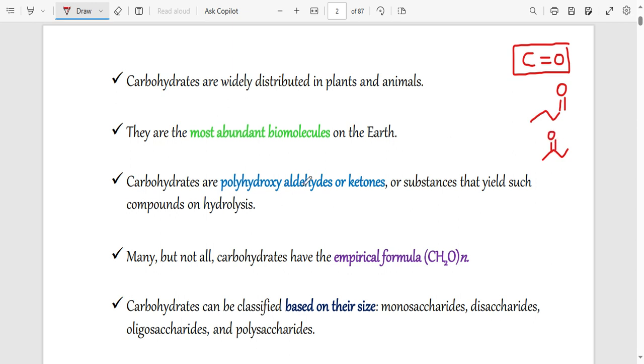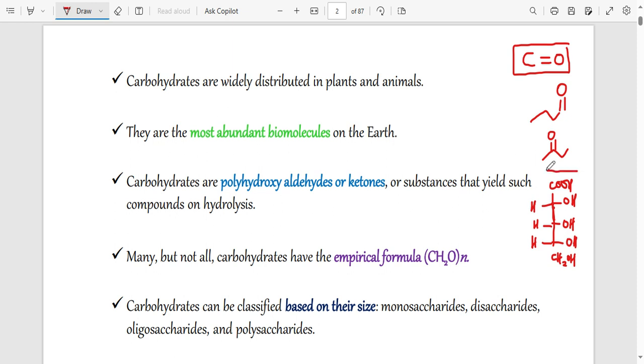So this is how these carbohydrates are. They have a lot of hydroxyl groups, meaning you see them with a lot of OH groups. Now it's taking a bit of time for it to reflect when I write, so bear with me. So you can see they have a lot of OHs, that is polyhydroxy.